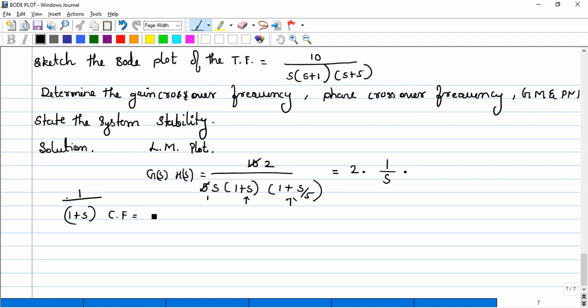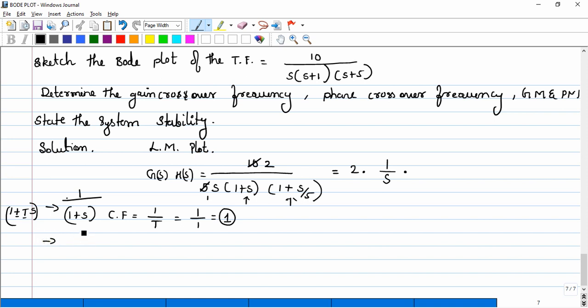Here in the given, t is 1, so I can substitute the corner frequency as 1 by 1, that will be 1. So the corner frequency for 1 plus s is 1.